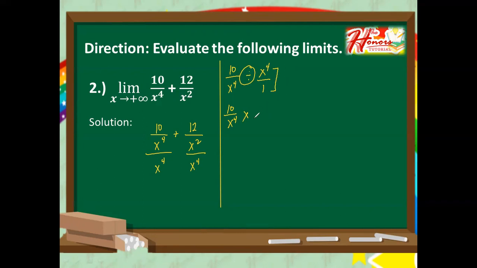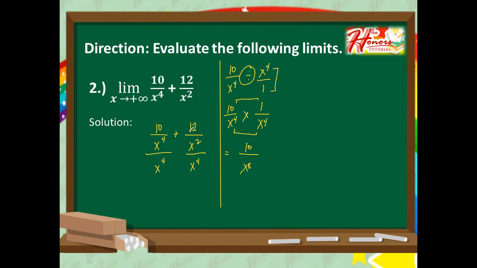When we say reciprocate, you have to interchange the position of the numerator and the denominator. So 1 is our denominator, then it will become our numerator. And x raised to 4, since it is our numerator, will now become our denominator. So therefore, we can now multiply. 10 times 1 is 10. x raised to 4 times x raised to 4 is x raised to 8. Now we have our value of 10 over x raised to 8.